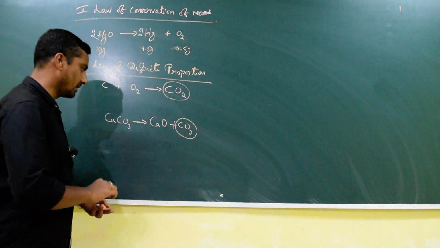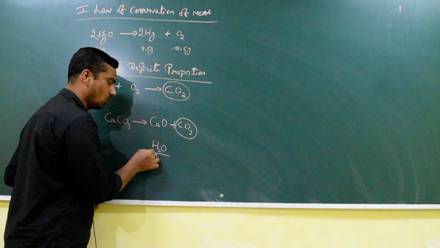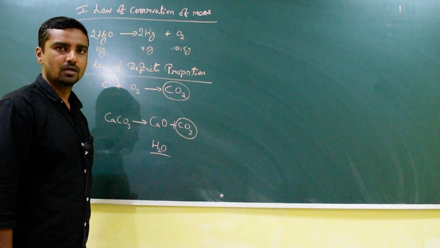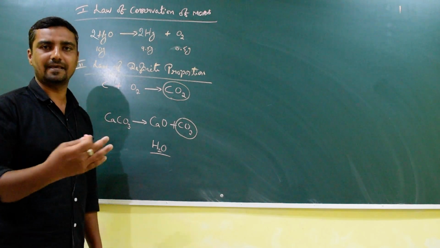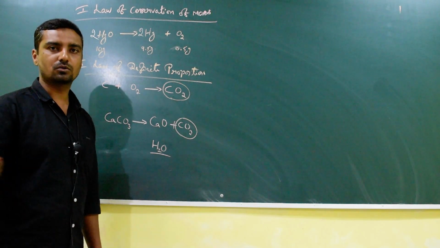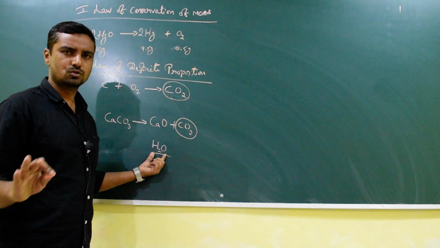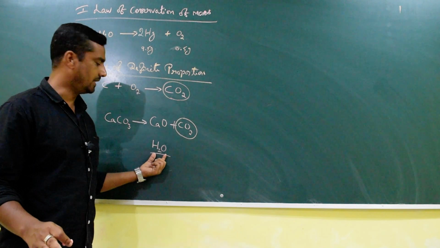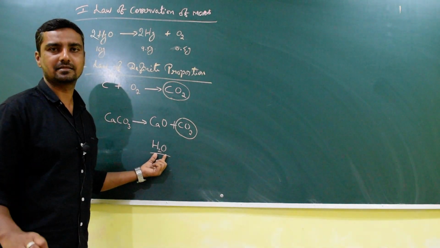I will give one more example. If we go for the water molecule, we get water from the river, from the well, from the sea, right? You can take water from the well, sea, river, lakes, whatever it may be.